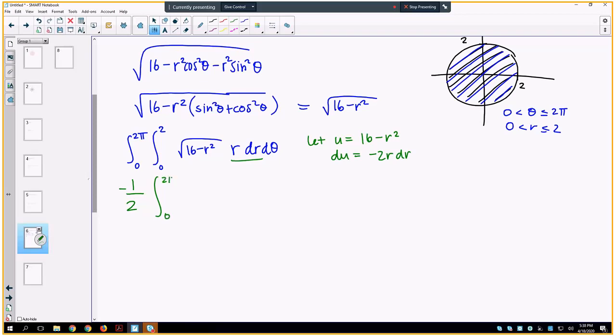I also need to change my bounds from r to u. So if r is between 0 and 2, then u should be between 16 minus 0 and 16 minus 2 squared. So from 16 to 12, square root of u, du, d theta.